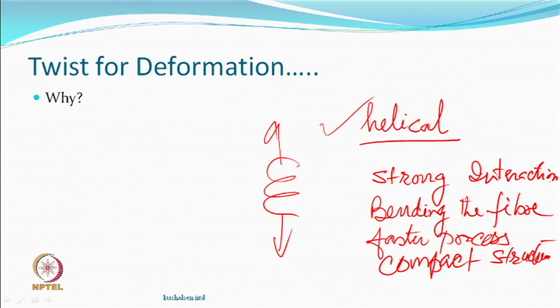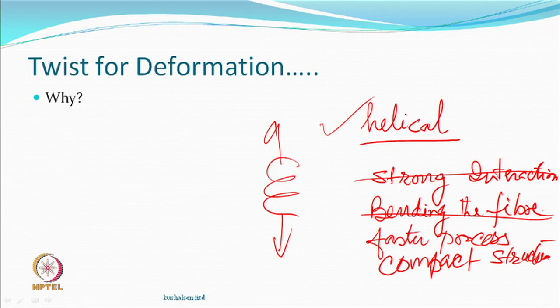Now, strong interaction between the fibers, how is it important to us? Between fibers, very strong interaction, twisting, is it going to be helping? My aim was not this. Does not seem so. Bending the fiber, I can bend fiber anyway, why only twist? Does not make too much of a sense either.